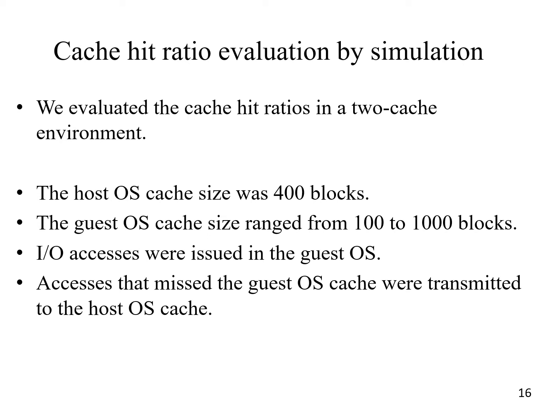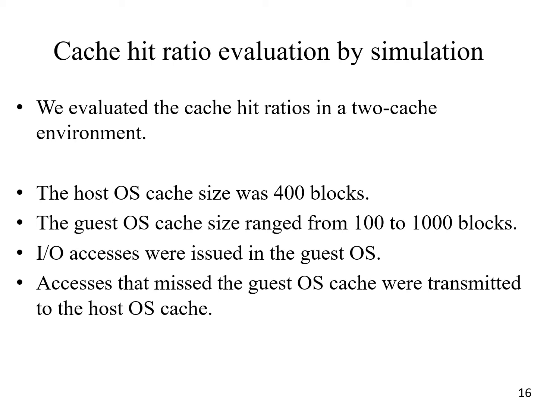The guest OS cache size ranged from 100 to 1000 blocks. I/O accesses were issued in the guest OS. Accesses that missed the guest OS cache were transmitted to the host OS cache.